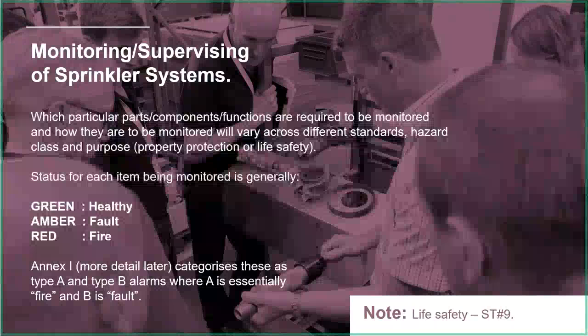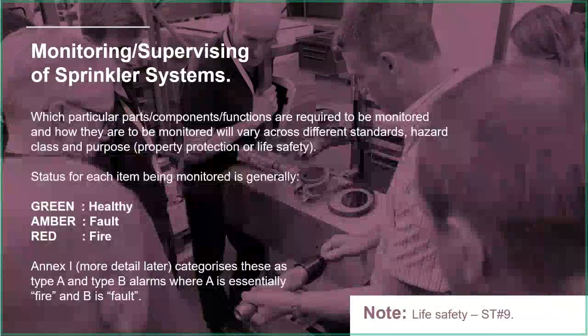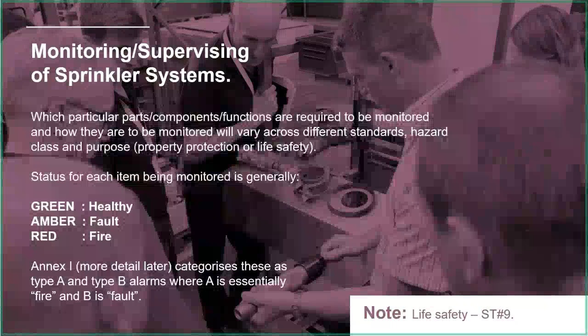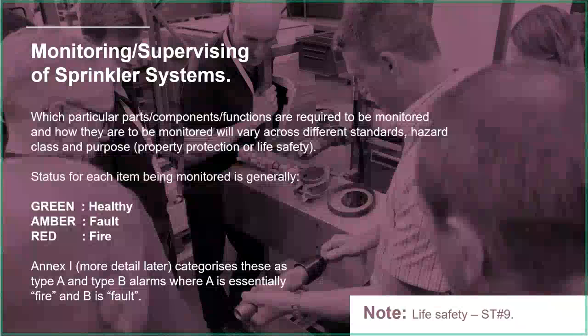Annex I is the next one down in the standard, and that actually talks about Type A and Type B alarms. I tend to talk about fault and fire. So essentially, Type A is a fire and Type B is a fault. Type A is something that's really important, needs to be dealt with straight away.